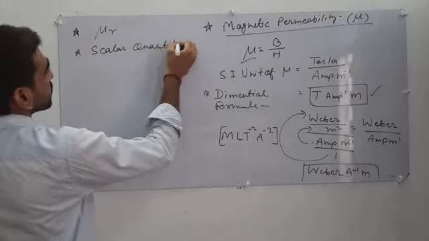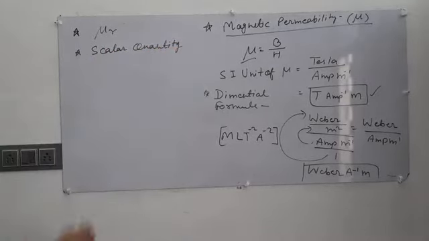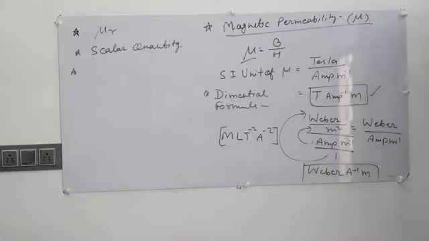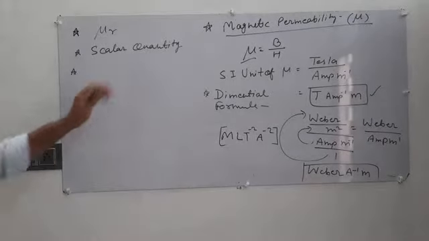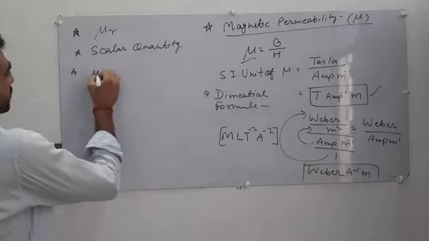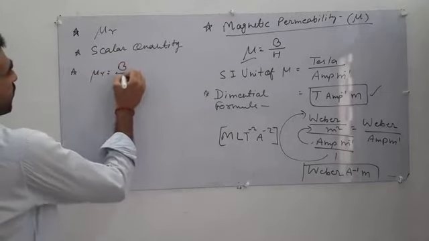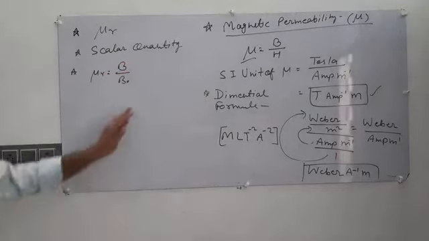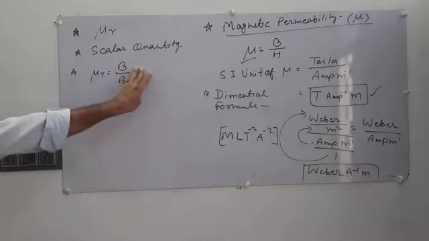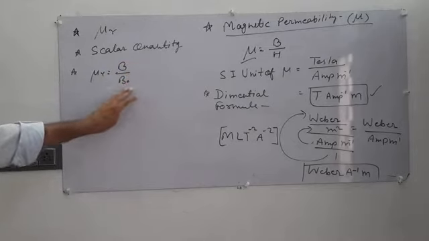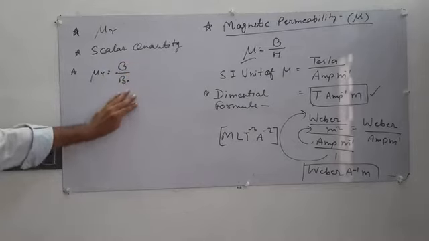There is no unit of it because mu r equals B upon B naught, where B is the magnetic field and B naught is the magnetic field in free space.